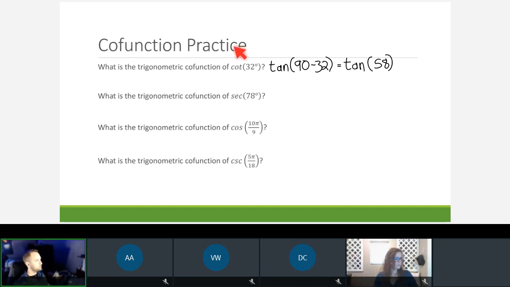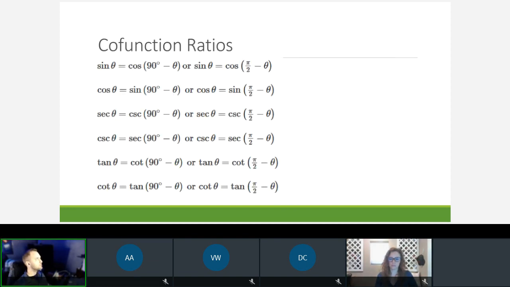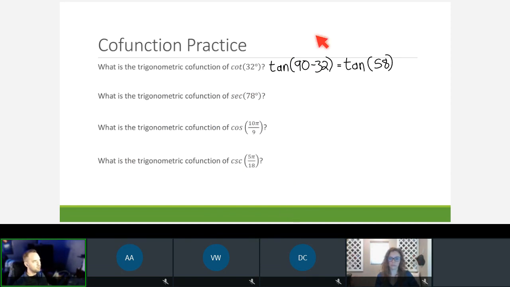Just what we learned. So we can rewrite cotangent as 1 divided by tangent of 32. Hit enter. And then because of these cofunction ratios, we can rewrite it as tangent of 58. So tangent of 58 should equal 1 divided by tan of 32.